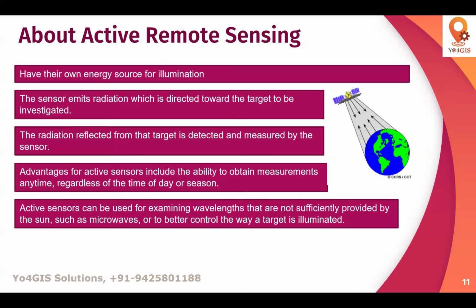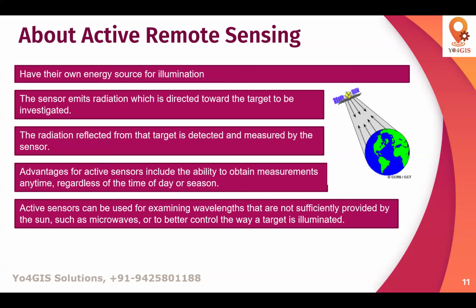The sensor emits radiation which is directed towards the target to be investigated. Because we have our own radiation, our own energy, it doesn't matter whether it is rainy season or not, day or night, anytime we can collect the information.